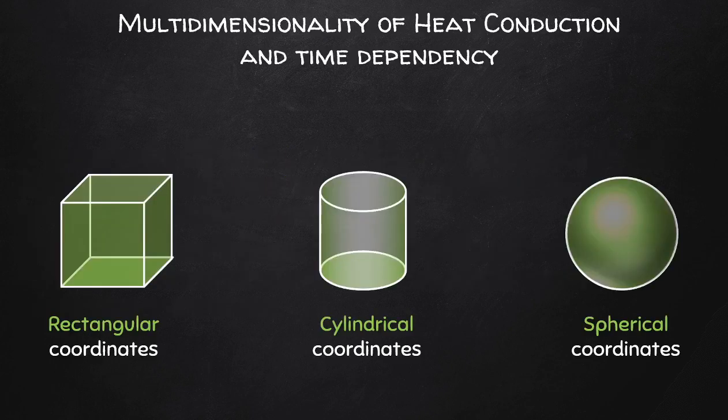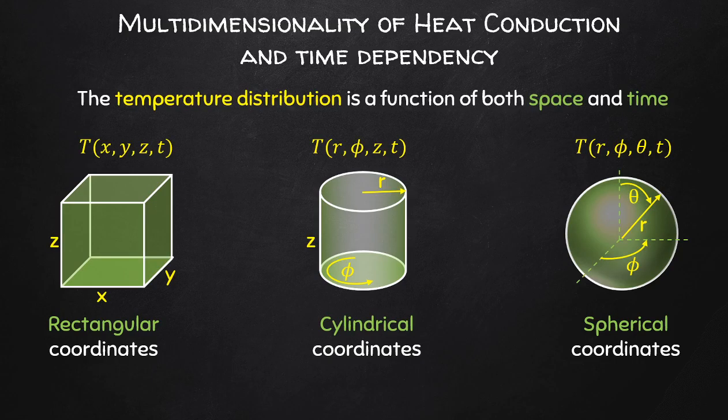You should be familiar with the three main types of geometries that we've dealt with before, and namely these involve rectangular, cylindrical, and spherical coordinate systems. Recall the applicable coordinates that are associated with each of these systems, and remember that heat transfer may also depend on time, although most of our applications tend to aim for some sort of steady state operation.